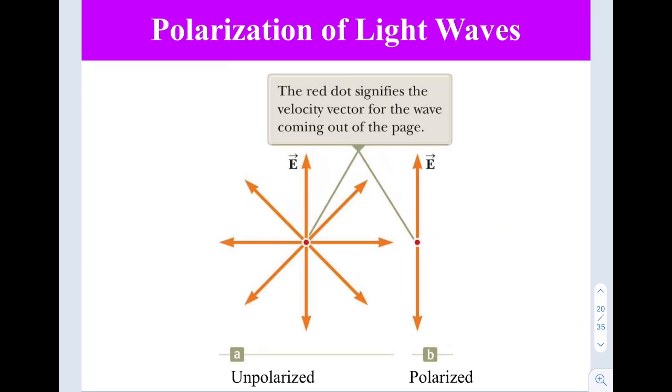An ordinary light beam consists of a large number of individual waves emitted by the atoms of the light source. Each atom produces a wave having some particular orientation of the electric field vector E. So you have lots of E.